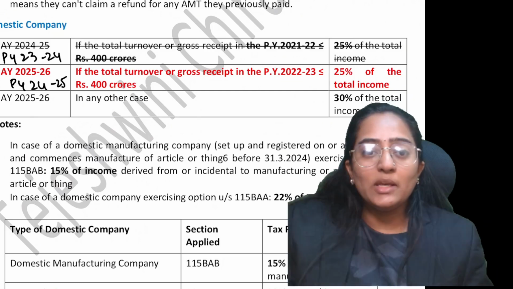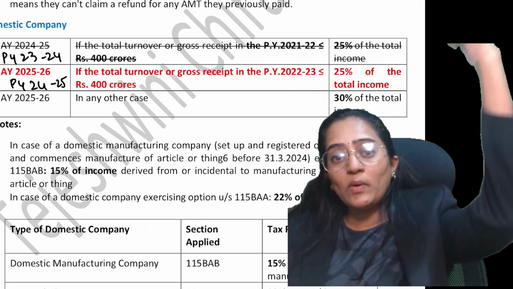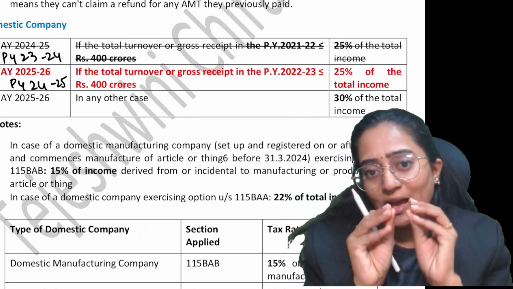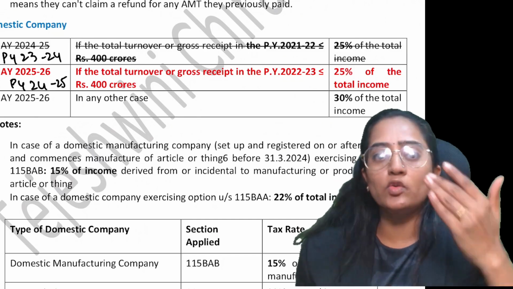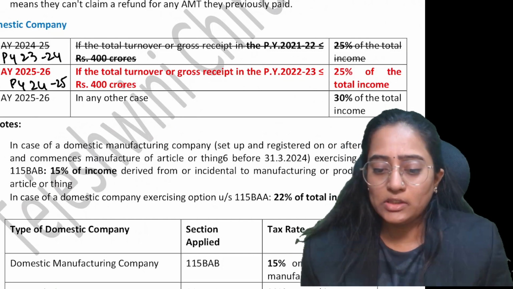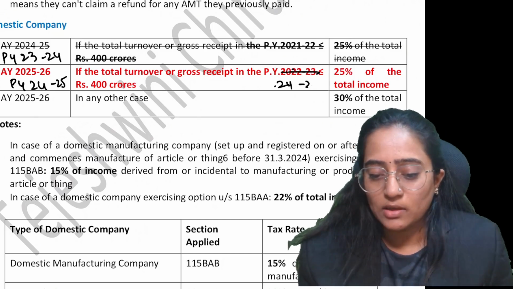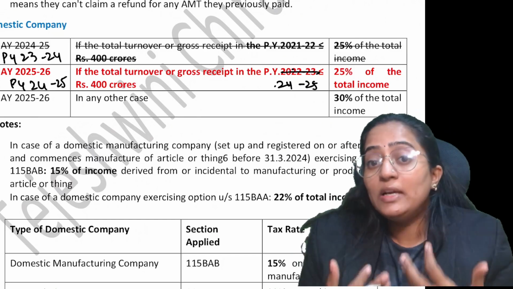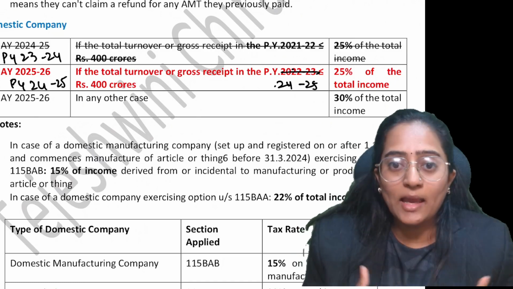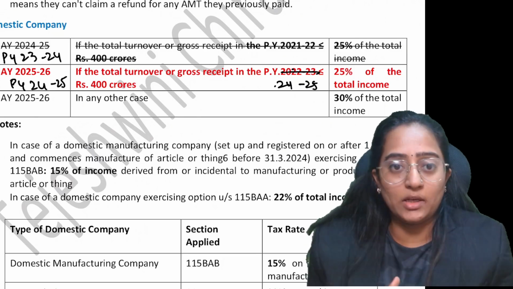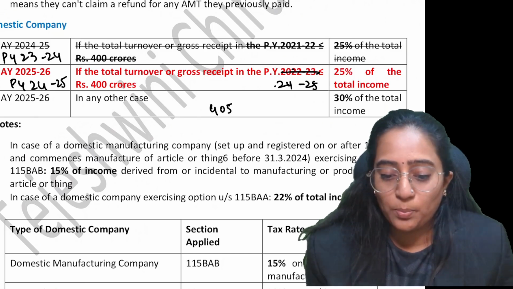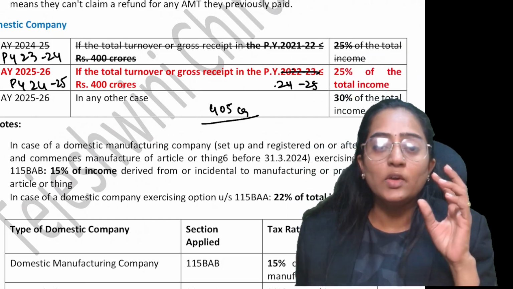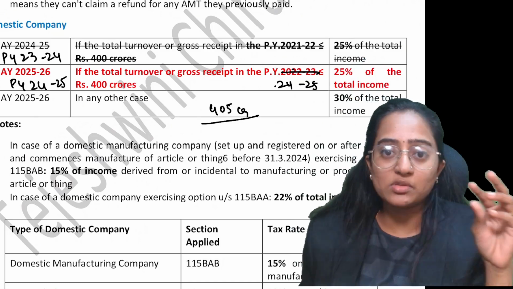Correct? So what does it mean? If the income tax department allowed the assessee to take the current year turnover only, there is a chance the data can be manipulated. Suppose your turnover has crossed 400 crores.